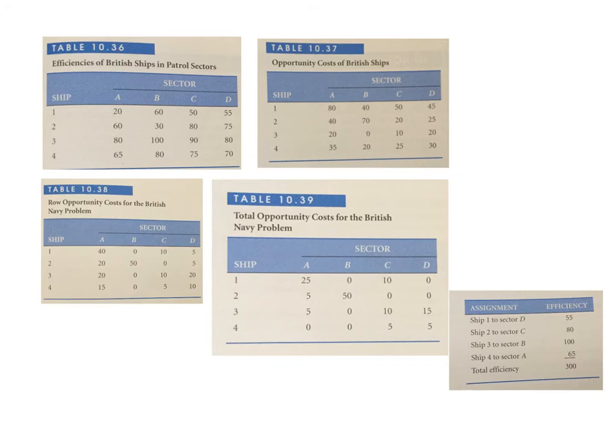Now we can make the assignment. Let's look at the row which has only one 0. It looks like this is the row. So ship 3 is assigned to sector B. Now the next row with one 0 is this. So ship number 4 is assigned to sector A, and the next row with one 0 is this one.